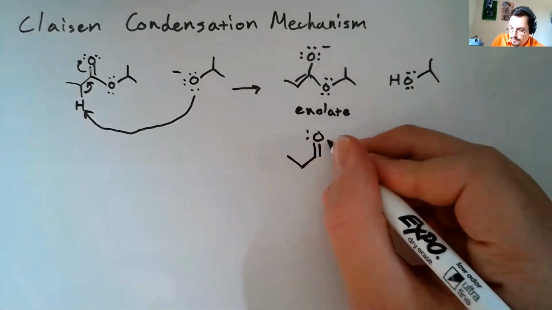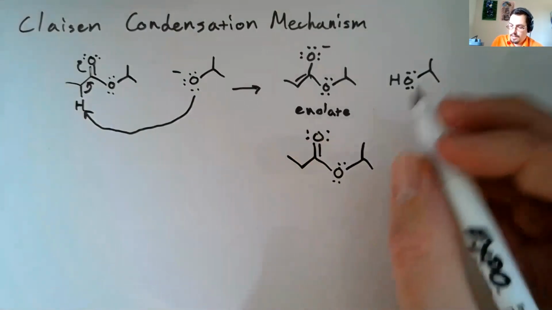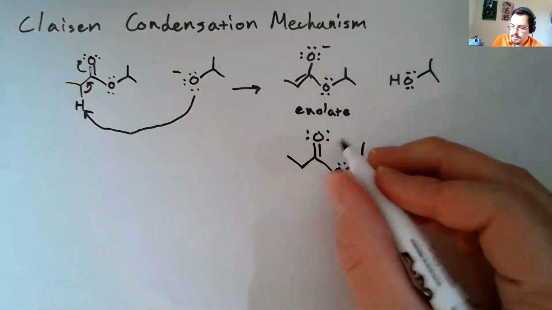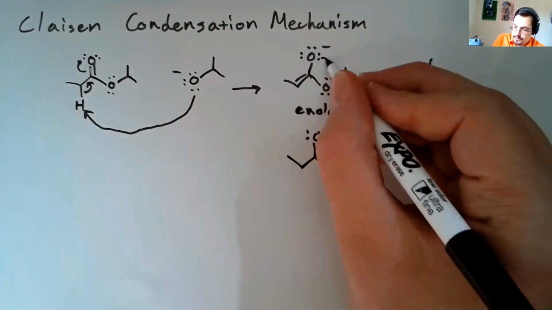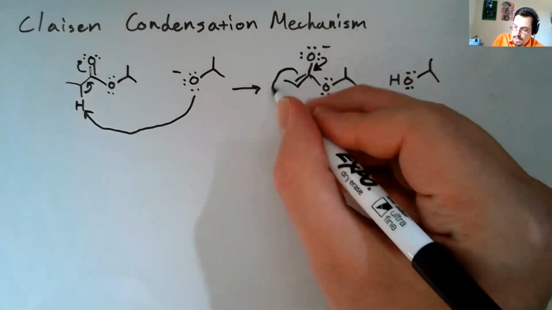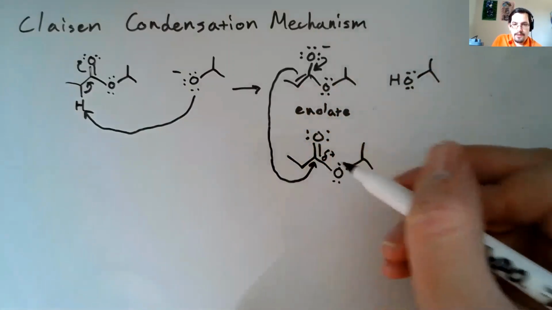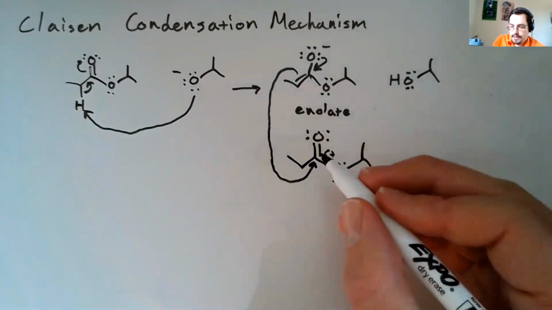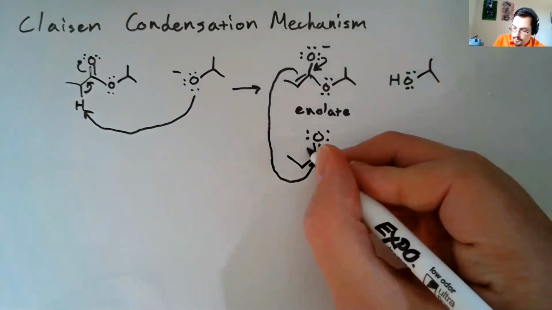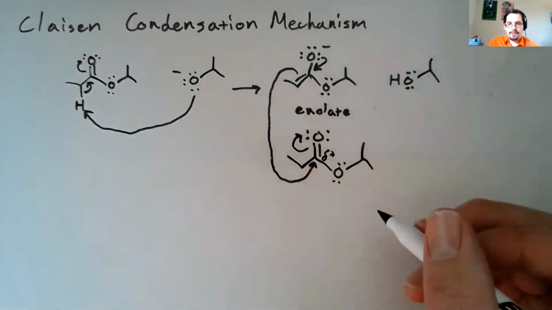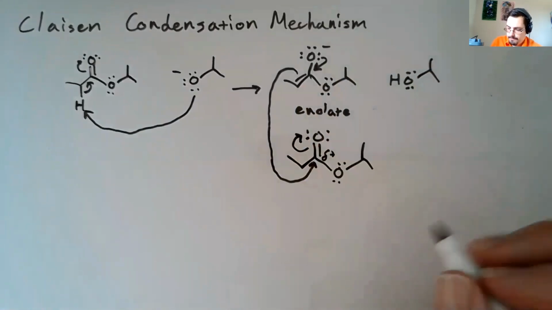So we take another unit of our ester, and now we're going to attack our partial positive carbon here. So bring our electrons down from the oxygen, attacking using our nucleophilic carbon. Our nucleophile, of course, attacks that electrophilic site here at our carbonyl carbon. Now we're going to move our electrons up onto the oxygen again, and this will create our tetrahedral intermediate.